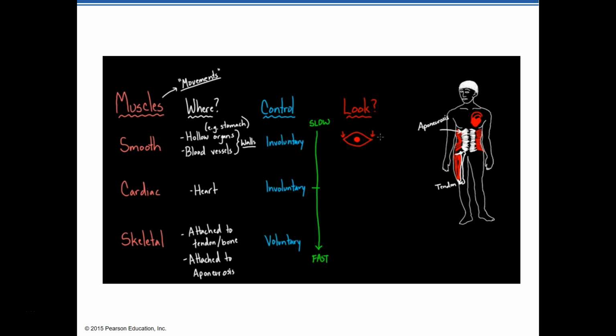And so sometimes you'll see that these are described as spindle-shaped. And I think that's kind of a holdover from a time period long ago when people thought about spindles more than they do now. And the other thing, it's got one nucleus, right? I drew that right in the middle, one nucleus, in the middle of the cell. So that's basically what a smooth muscle cell looks like.